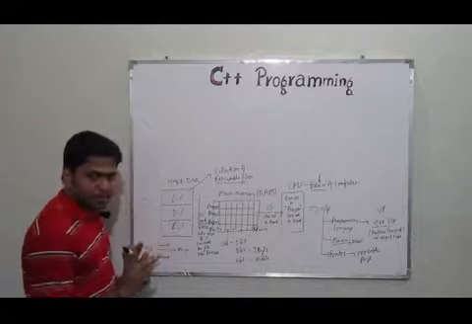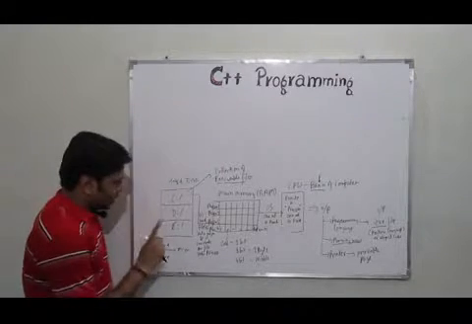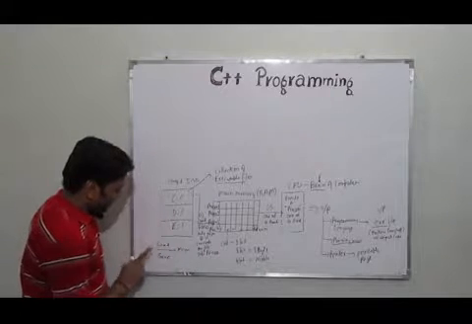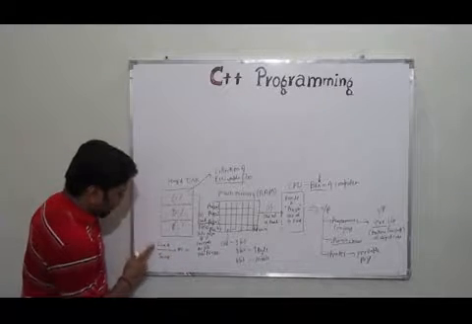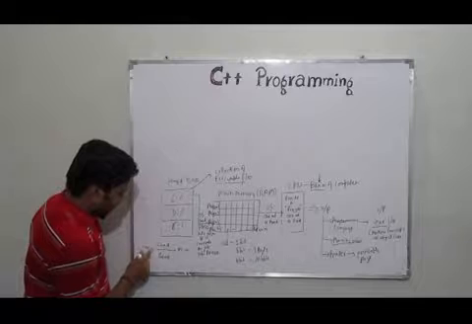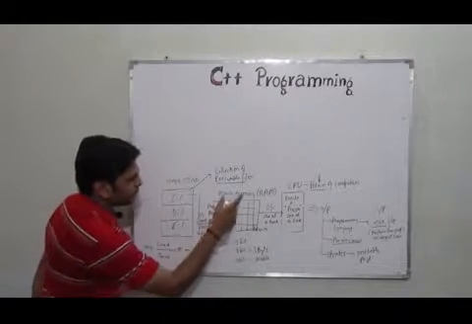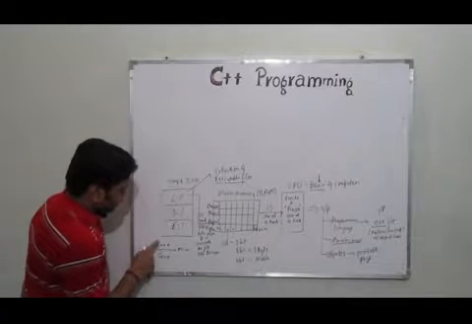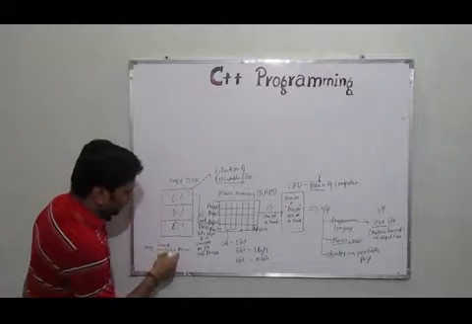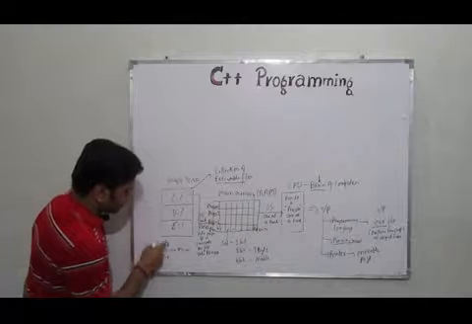Once again, I repeat: when an operating system submits a file from the hard disk to main memory to be executed by the CPU, that way of submitting the file is known as load.